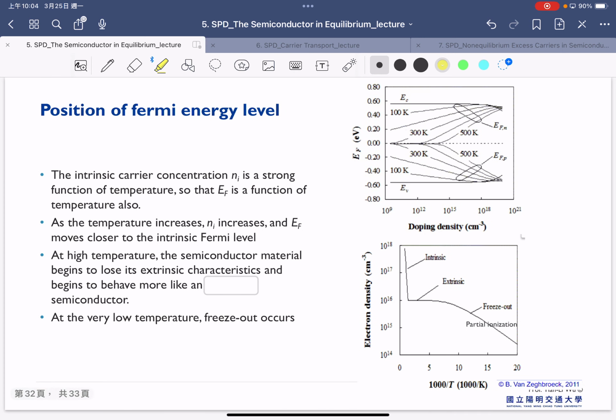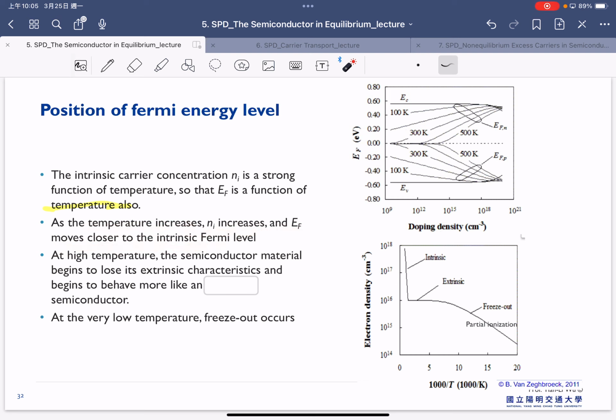And there's an additional concept to know: the intrinsic carrier concentration Ni is also a strong function of the temperature, so EF is also a function of the temperature. As the temperature increases, Ni increases, and EF moves closer to the intrinsic Fermi energy.